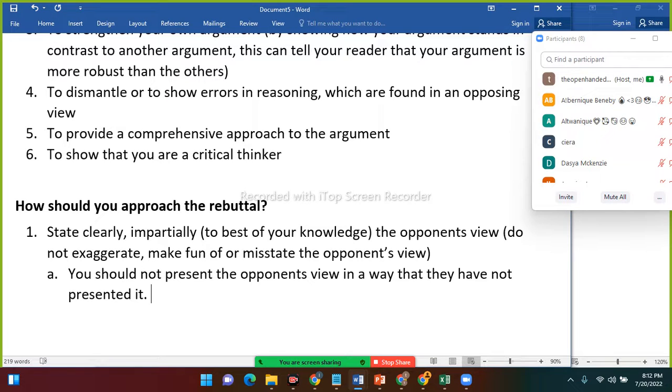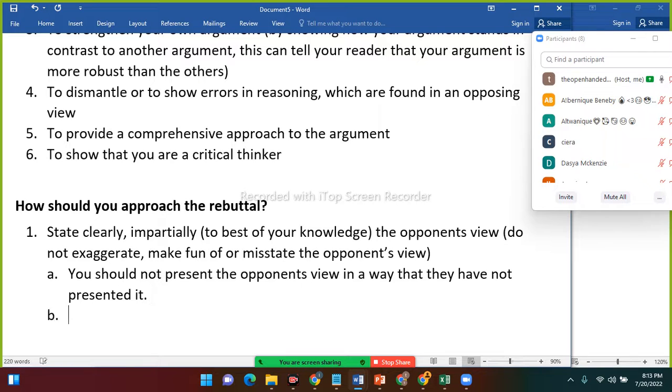They didn't say that. They say they believe white is black because of Google glasses or Google lenses. So you must state what they say. State it clearly. Don't make it seem like you're trying to make fun of them. No, no, no. State it clearly and appropriately. All right.